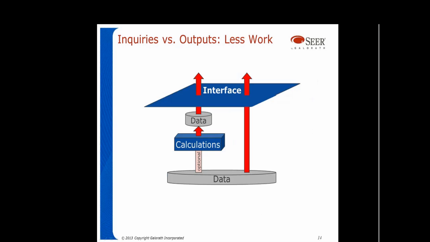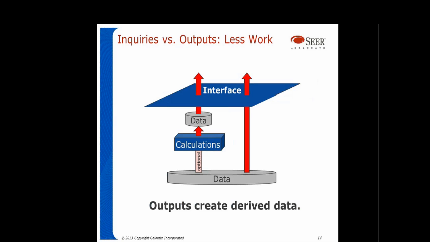This is a common issue that users have. What's an inquiry and what's an output? So here is a stack with data at the bottom, and the red arrows are showing data leaving the application interface. An output type of transaction would perform calculations on either data or simply perform calculations.